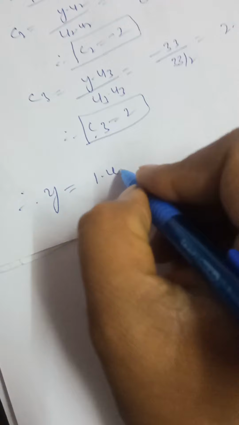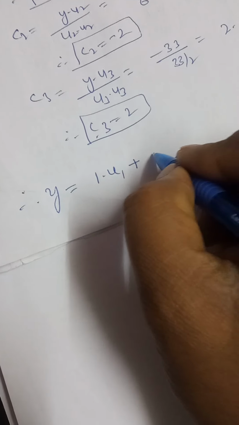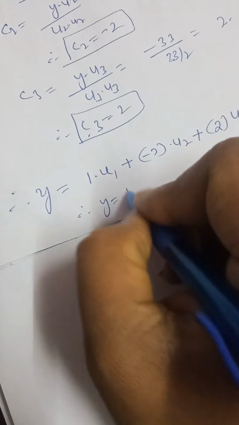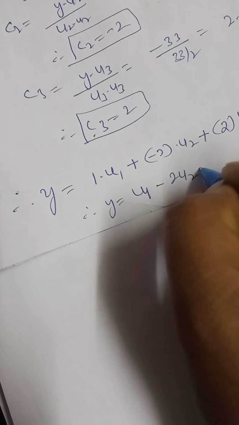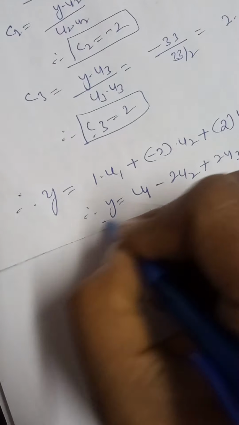Therefore y is equal to c1 into u1, 1 into u1, plus c2 into u2, minus 2 into u2, plus c3 into u3. Therefore y is equal to u1 minus 2 u2 plus 2 u3.